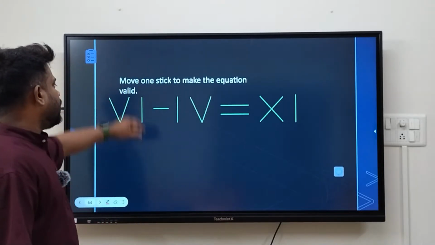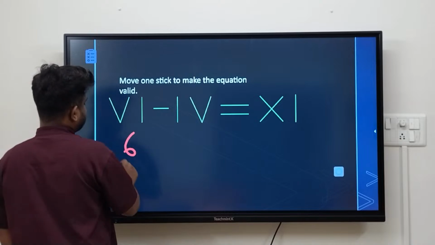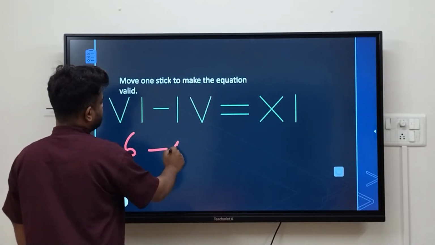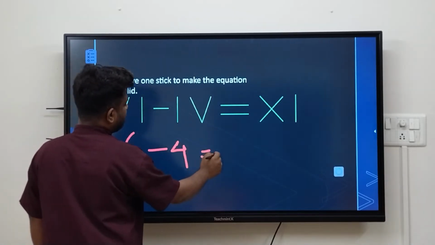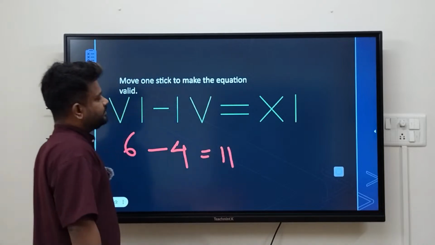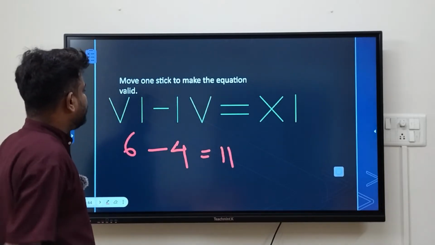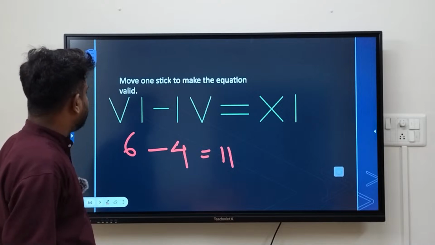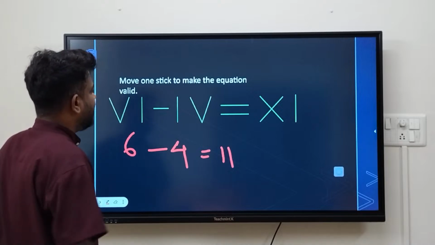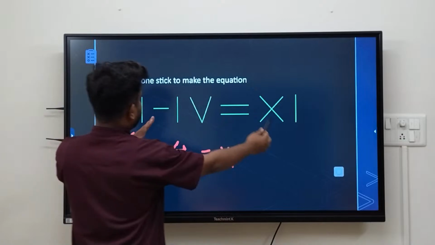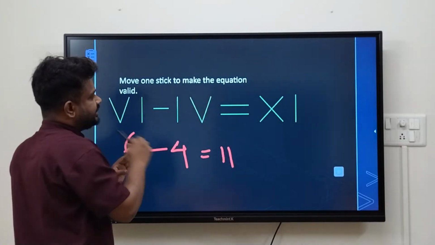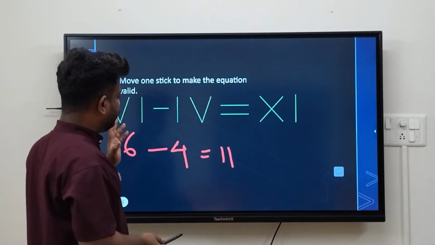So VI is referring to 6 minus IV is referring to 4, and they are equal to 11. Okay, so we have to just make one stick... we have to just change the side of one stick.